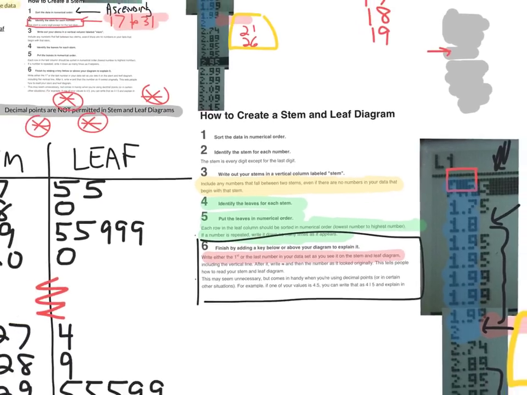Here, the first data value, the lowest data value, was $1.75. So one way I could denote the key, I'll actually write the word key, is you'll write 17, then a vertical line, and then the leaf of 5. You write equals, and now you tell the reader that means $1.75.